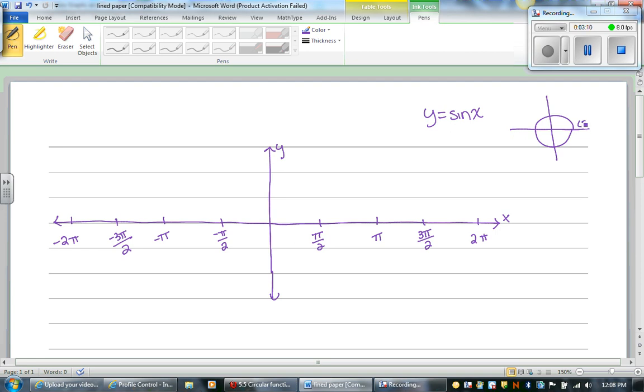So we know this is the point 1, 0, 0, 1, negative 1, 0, and 0, negative 1. We know sine is our y coordinate. So at 0, sine is 0. So we start right at the origin. Okay?